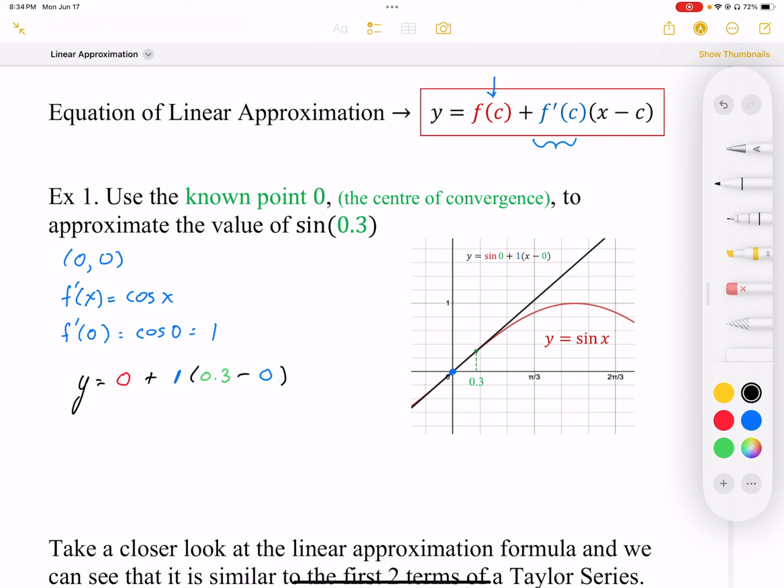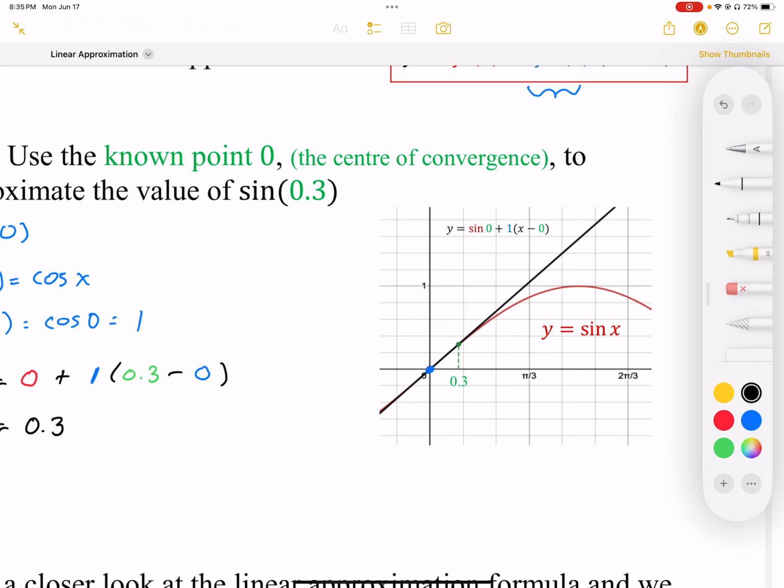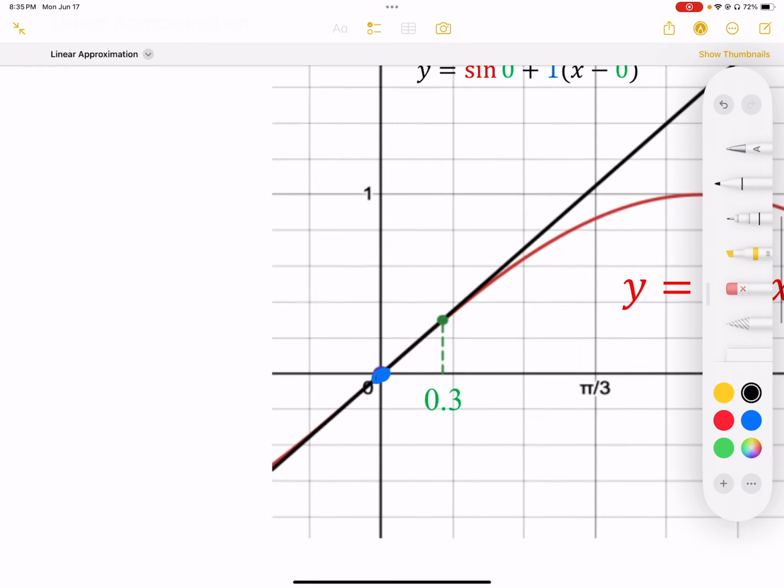Okay, so there's my equation of my tangent line. I plugged in my x-coordinate of 0.3. So I'll write this a little bit more formally. I want the y value on the tangent line at x equals 0.3. And when we calculate this equation, we're going to end up with 0.3 as our linear approximation to that point.